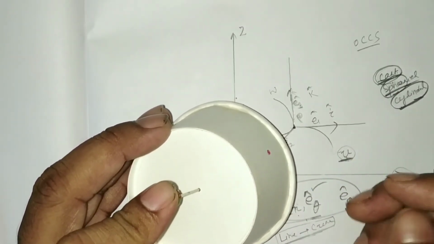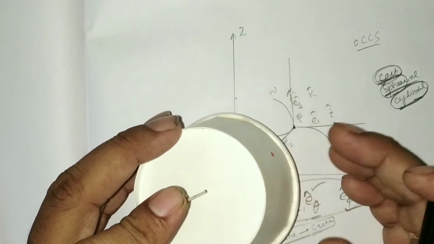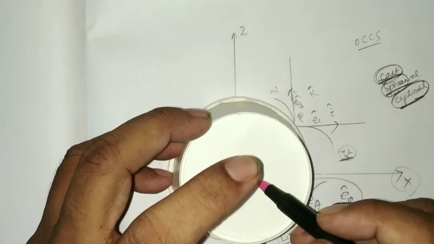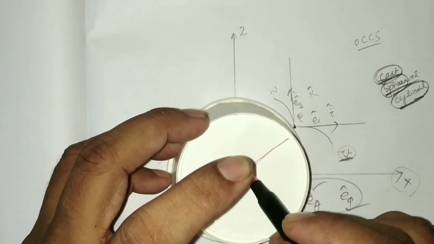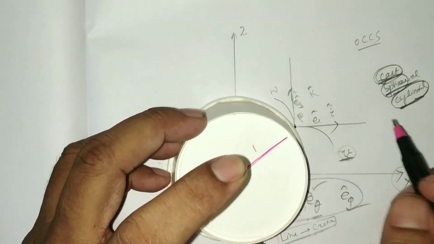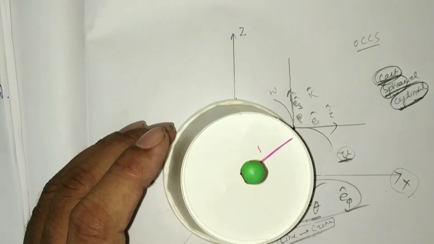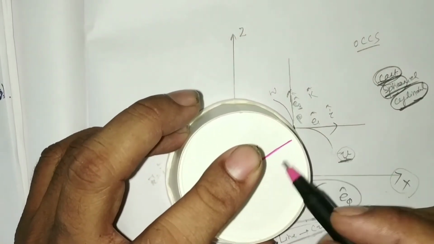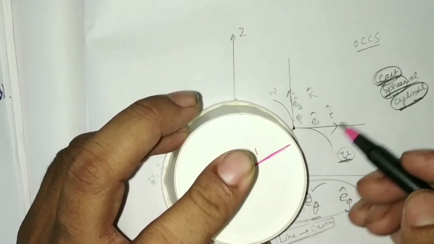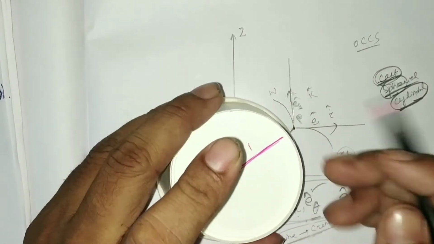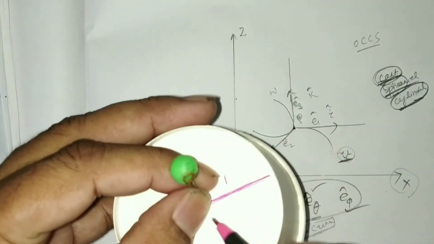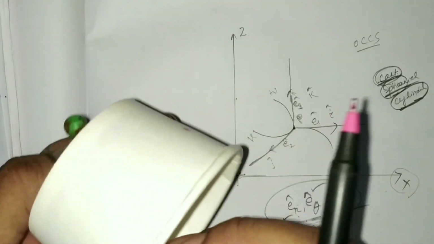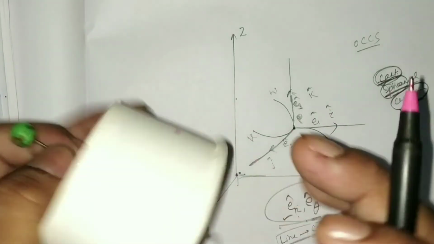What are the variations? Here you can see one variation is the radial component. That means what is the distance from the axis to this point? Not from the center, but from the axis. You just consider this is a perfect cylinder.